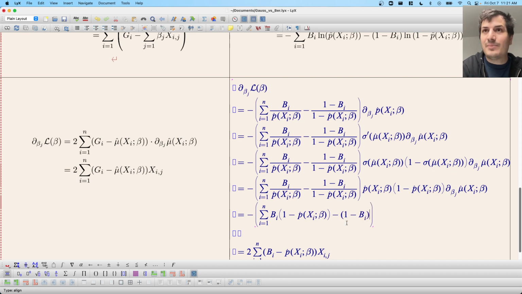The 1 minus p hat on the bottom cancels out with this term, but we're left with a p hat. Okay. And the derivative of mu, that was the same derivative over there, that really is just x_ij. How much of j is appearing in the ith example? x_ij. Okay. All right. We're so close.